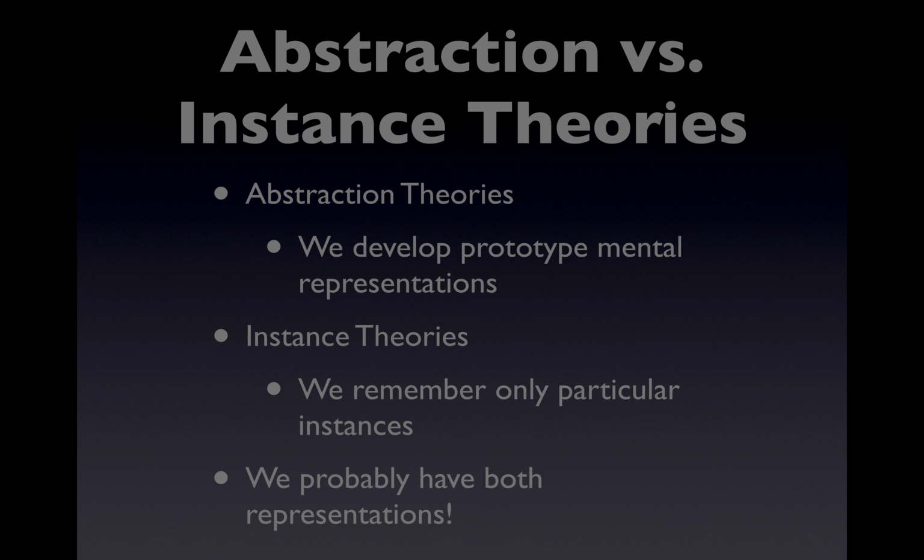So, for instance, let me ask you a question. Imagine an apple. Now, if you think about an apple, is your mental image some abstract, what Plato would call a Platonic ideal of an apple?